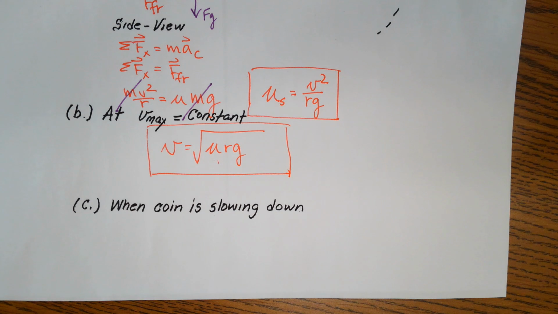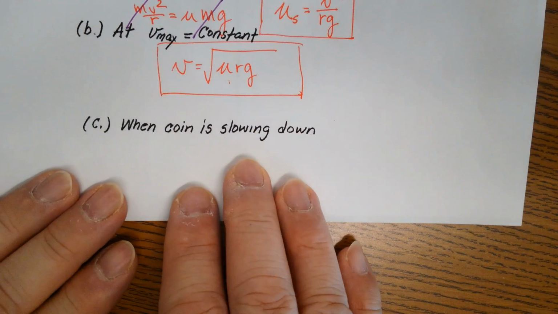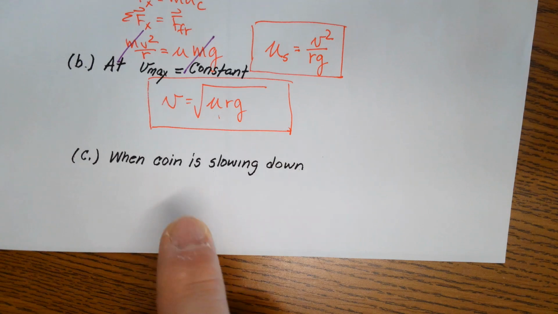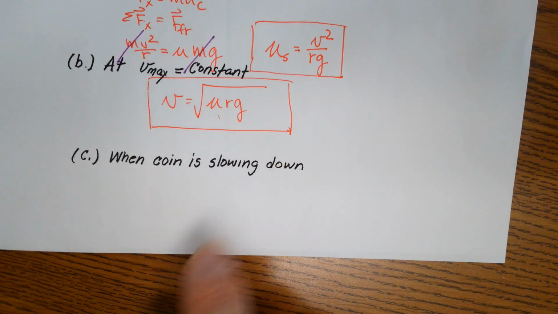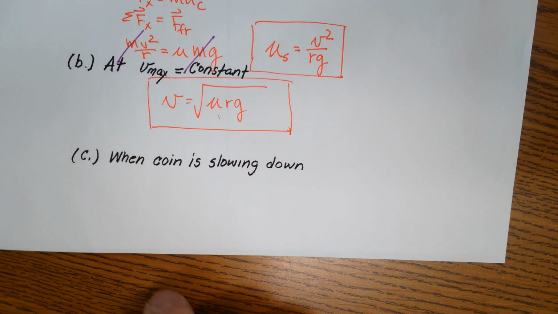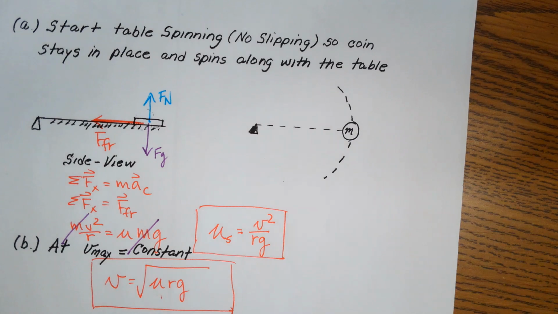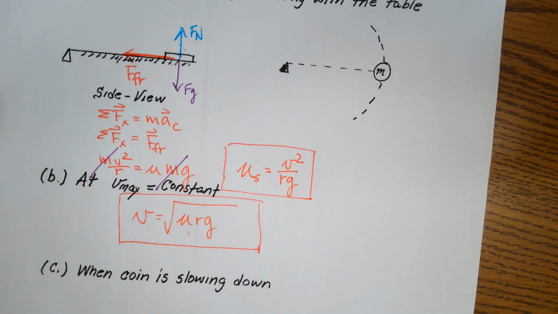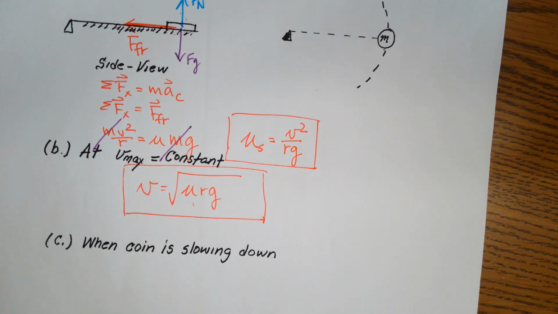All right. So when the coin is slowing down, less and less friction is required to stay on the turntable, so you don't have to worry about it falling off when it's slowing down.